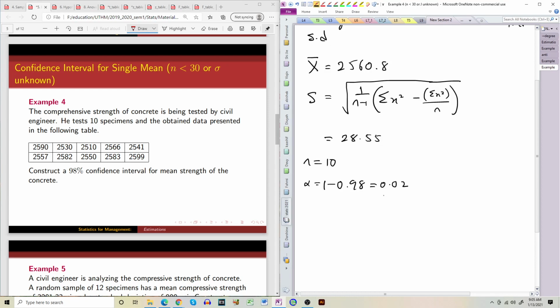Since this is less than 30, we are using the t table. And the degree of freedom is n minus 1. This is the formula for degree of freedom.